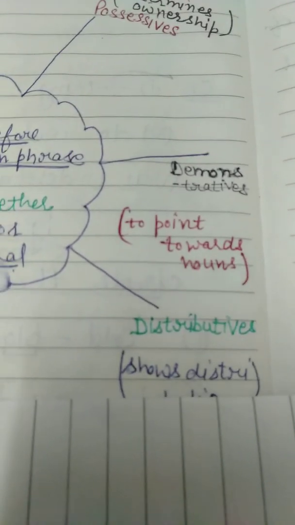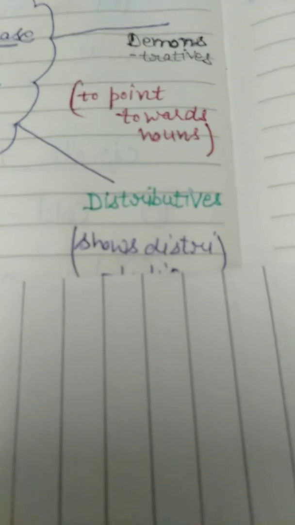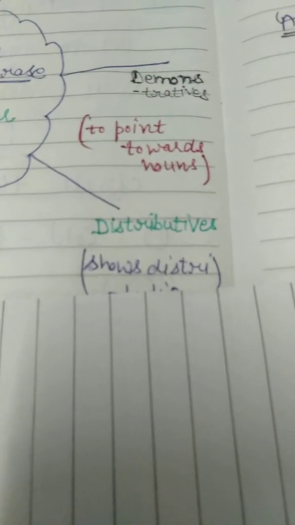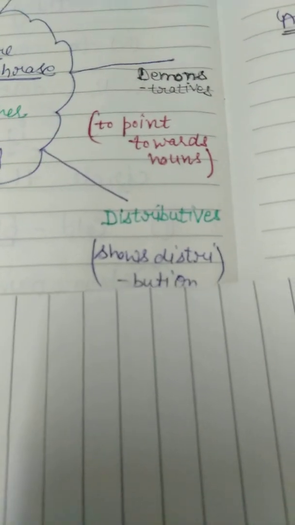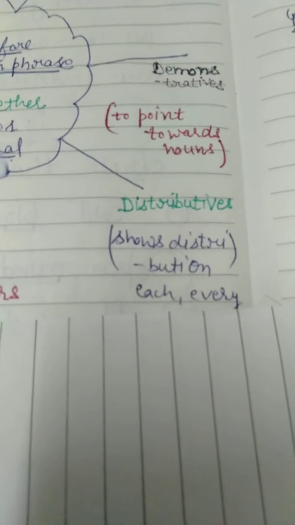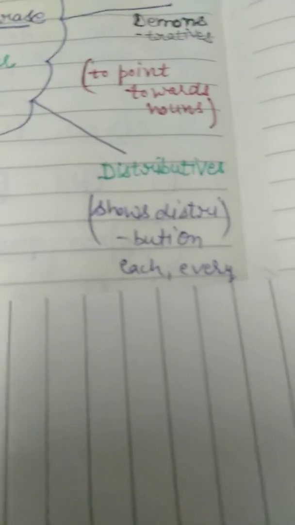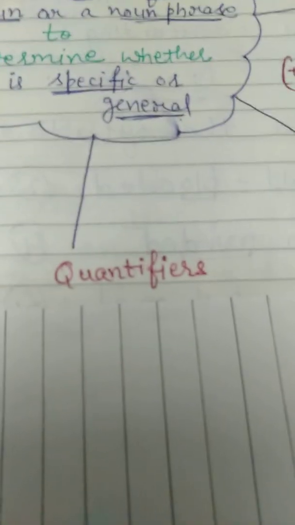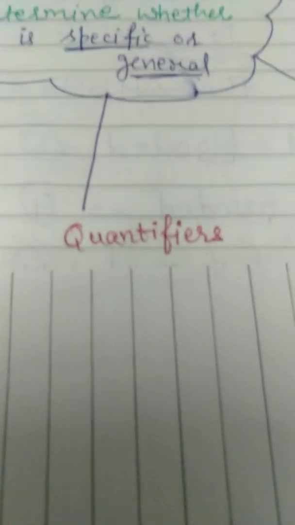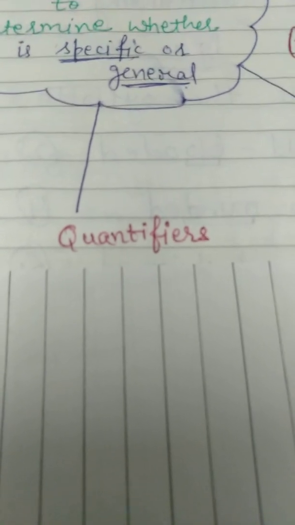Next type is distributives. From the name it's clear. Distributives. Distribution. How to distribute. They show the distribution. Each, every. These type of words are used in the distributive determiners. Next type is quantifiers. Quantifier, quantity. Quantity means how much, how many.